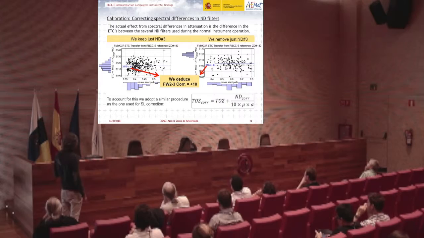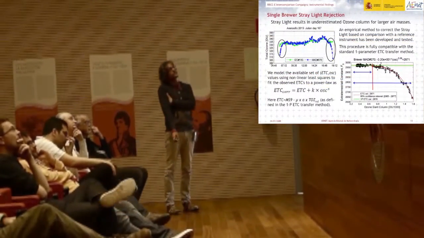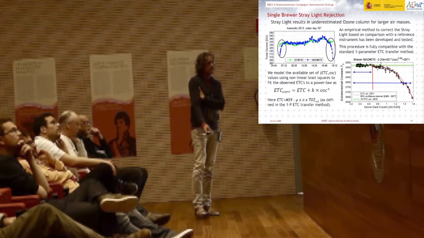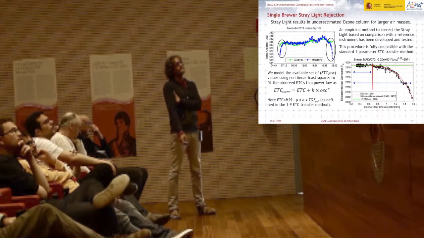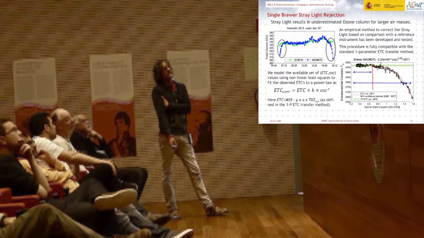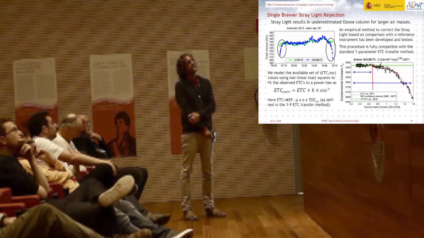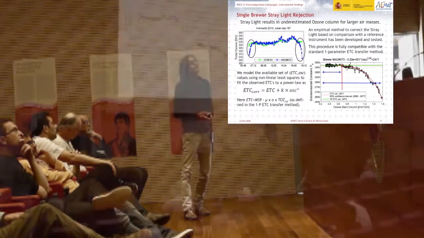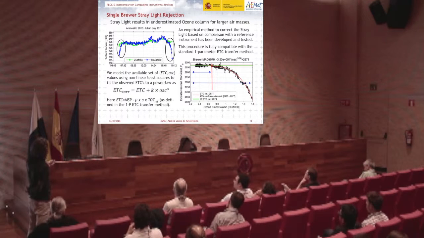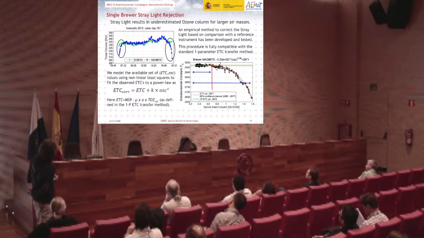And finally, I will speak briefly about a single Brewer stray light rejection method. We have developed a method to correct this stray light. It's an empirical method, and it's based completely on comparison with a reference instrument. In the first plot, we see clearly the stray light issue in this Mark IV Brewer.